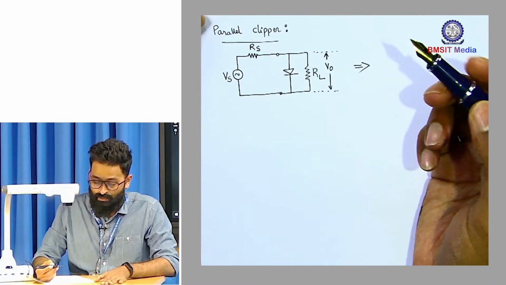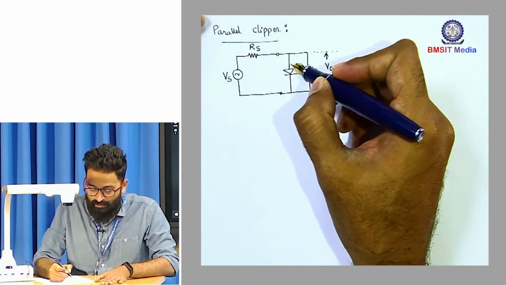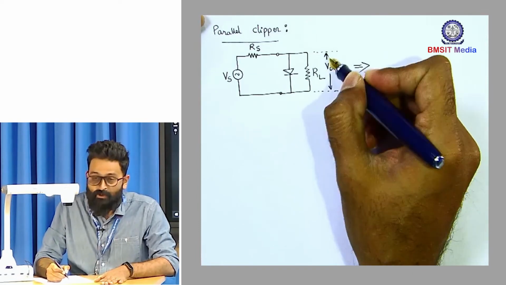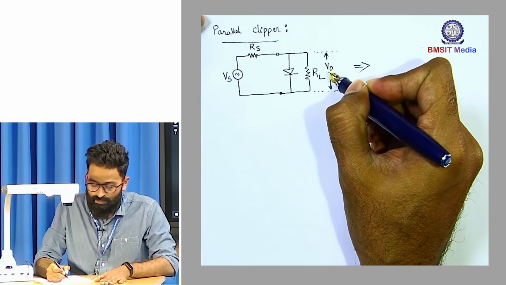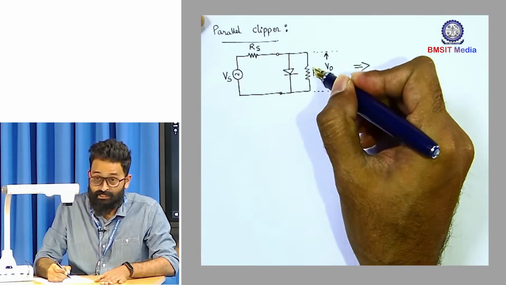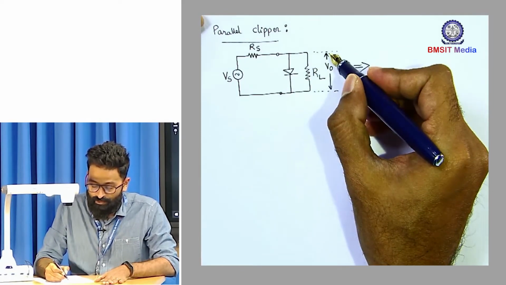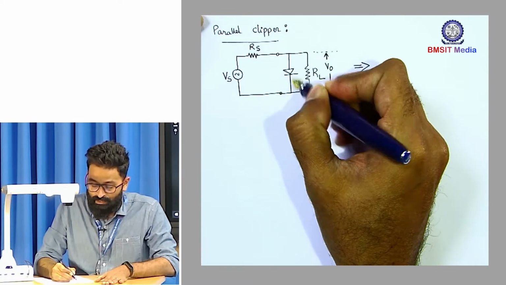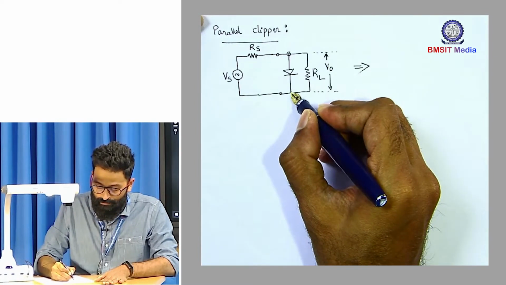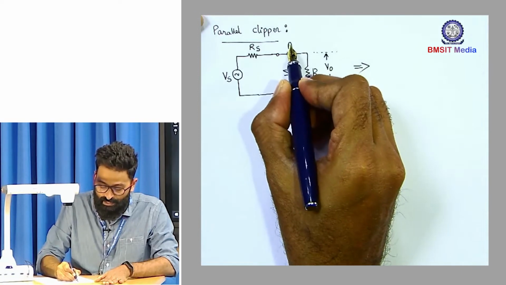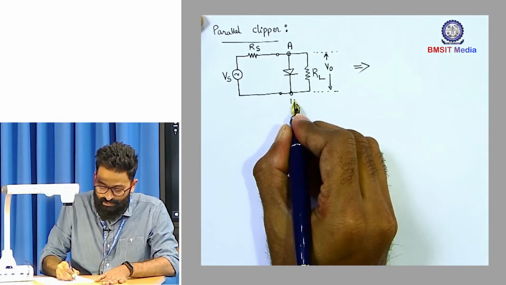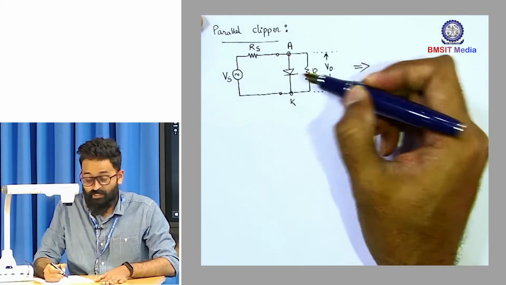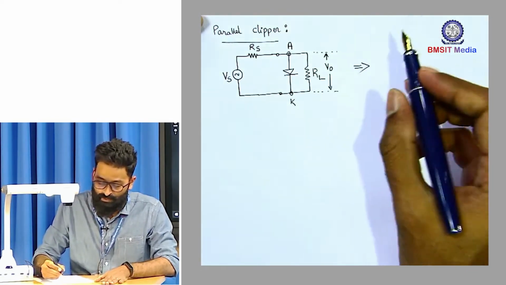If you observe closely in this circuit, the voltage V0 is measured across resistor RL, and the same voltage V0 is present across the diode contacts as well. Let us say this is the anode terminal of the diode and this is the cathode terminal of the diode.